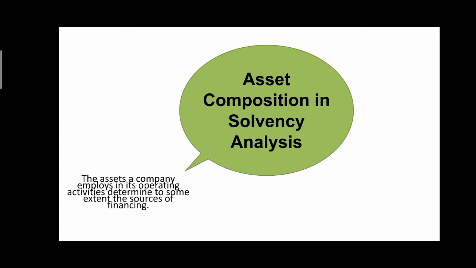Debt capital is also a common source of long-term asset financing, especially in industries like utilities where the revenue sources are stable. Asset composition analysis is an important tool in assessing the risk exposure of a company's capital structure. Asset composition is typically evaluated using a common size statement of asset balances.